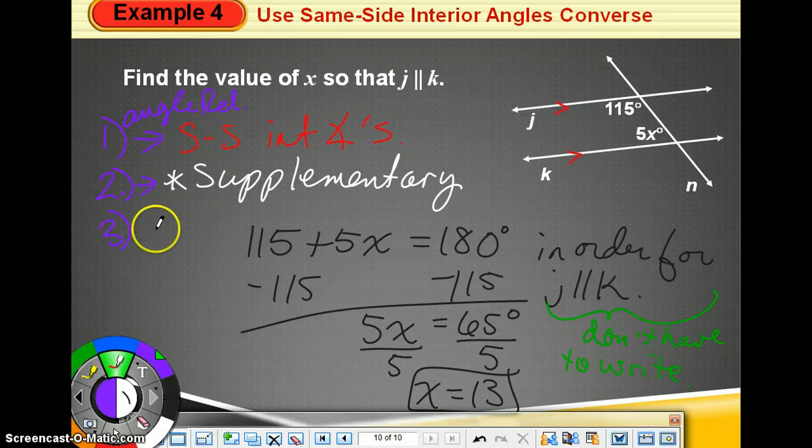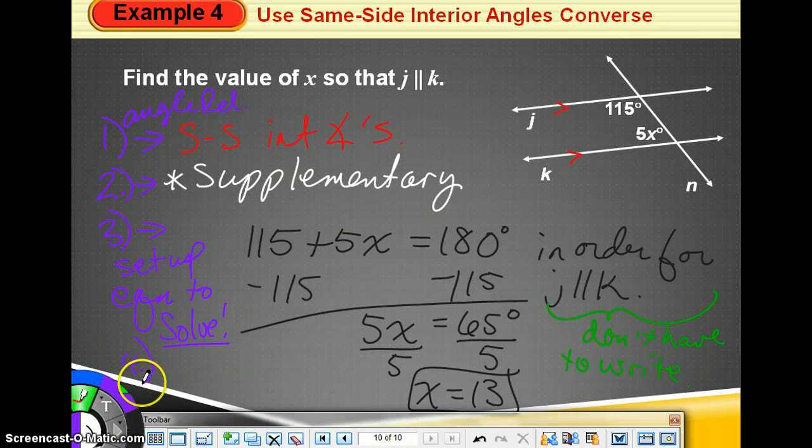Step 3 would be set up equation to solve. And then, of course, you would solve for the last step, find variable. And then always, always, always, finally, make sure that it makes sense. Just ask yourself that question. Does what I did make sense?